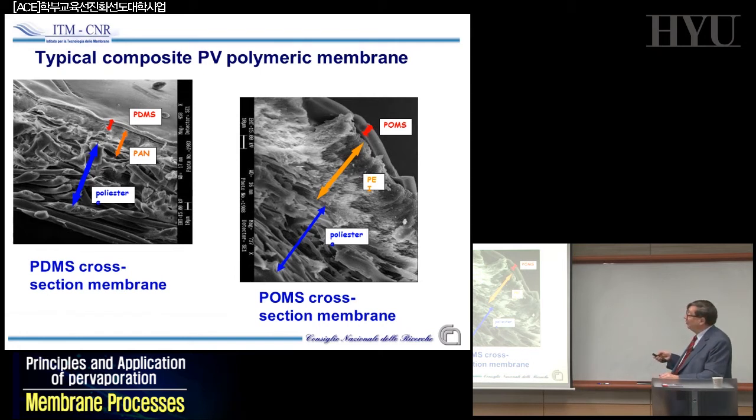Now, to produce a system in 100,000 square meters of material per hour, always through phase inversion, etc., the same level of thickness here, 1 or 2 microns, is not so obvious.